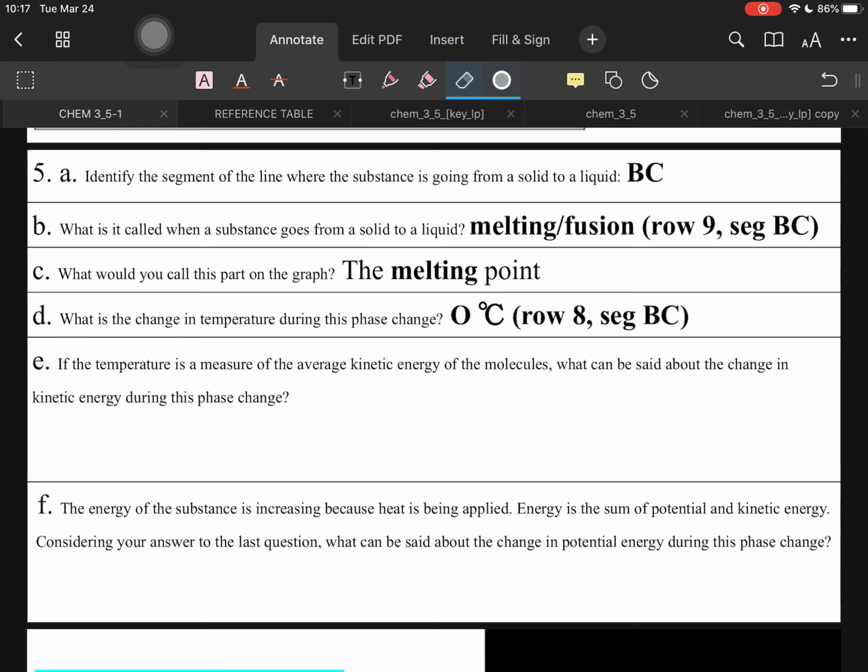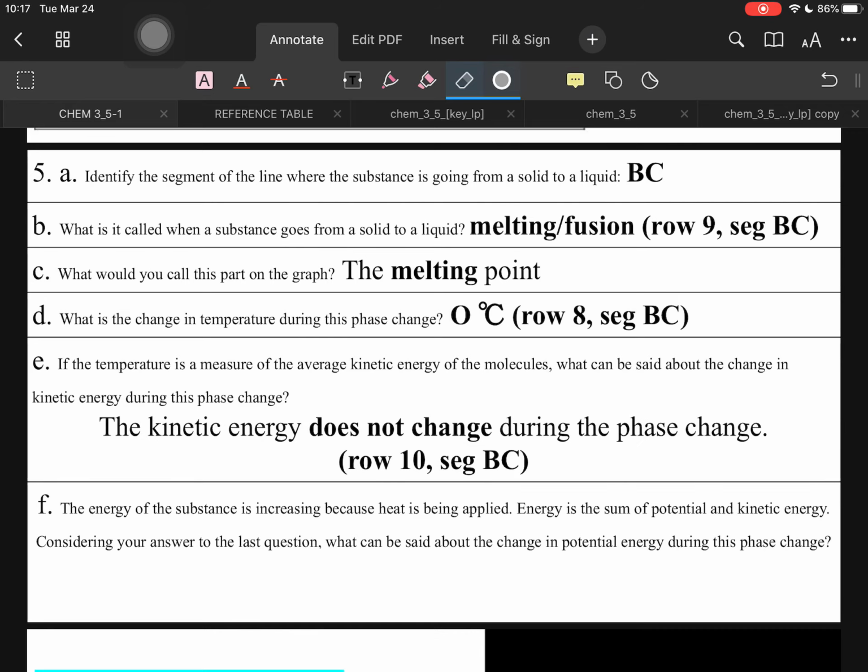If temperature is the measure of the average kinetic energy of the molecules, what can be said about the change in kinetic energy during this phase change? If the temperature isn't changing, then we can say that the kinetic energy is not changing.